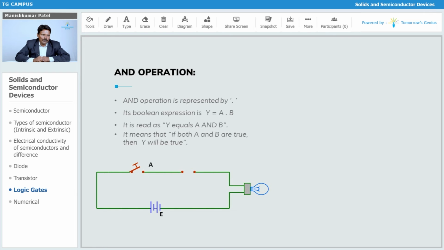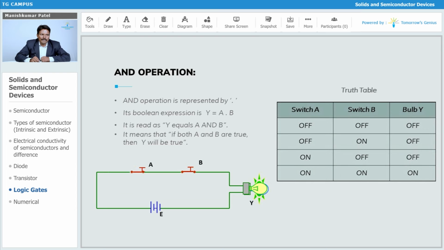This is shown with the help of switch A and switch B, with the various cases: both open, or one closed and one open. If both of them are off, the bulb will not glow, Y equals 0.